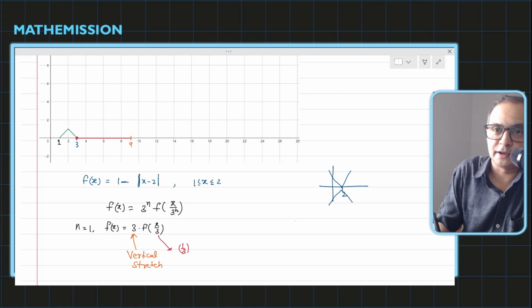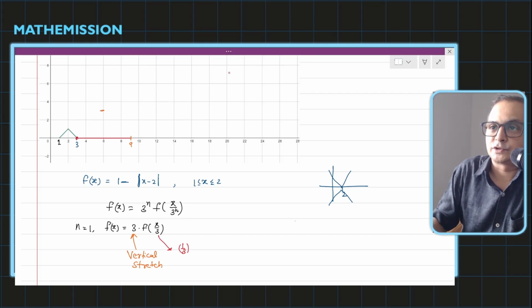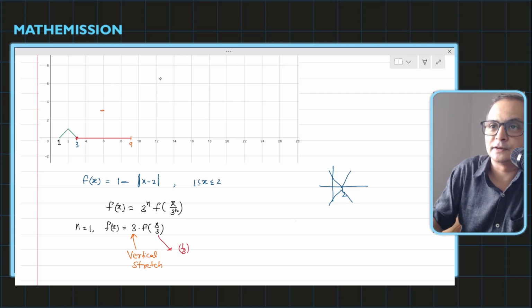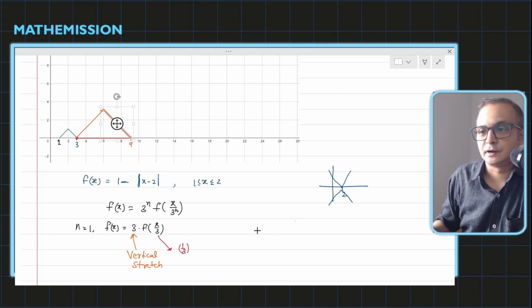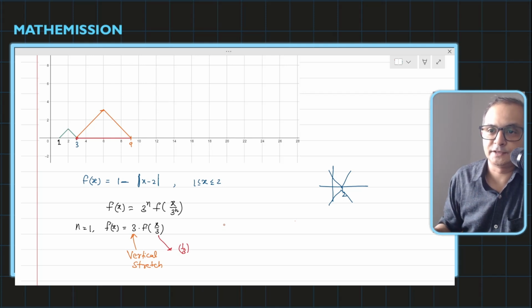Because it was 1 there, now it goes to 3. I have to struggle with selecting the lines to draw the graph smoothly, so I have drawn it successfully perhaps. This is the graph we actually intended to find in this interval.